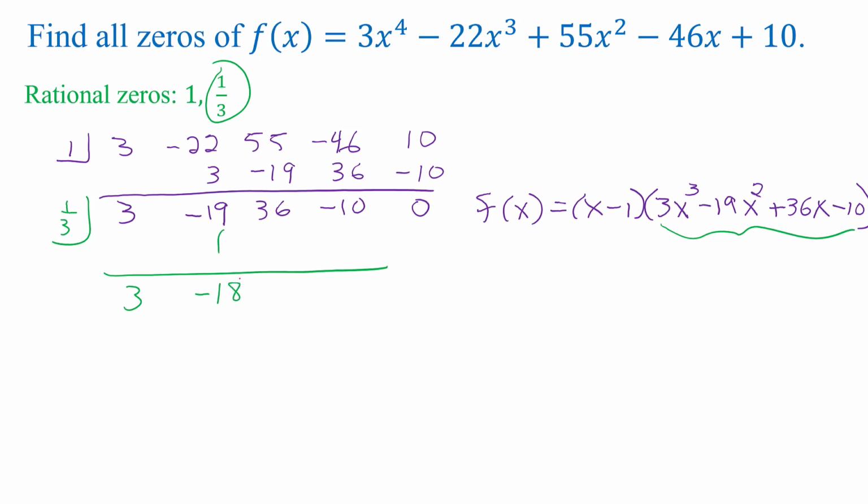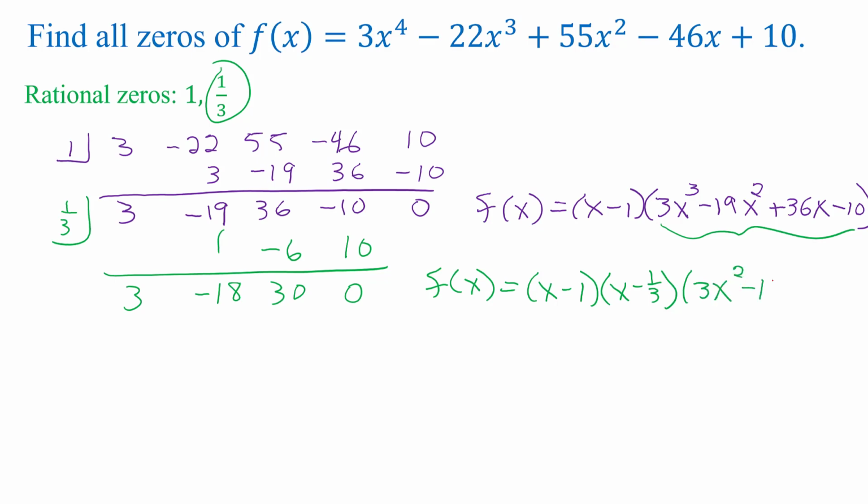We have negative 18. We have 30. And we get a remainder of 0. So we further have factored f of x into x minus 1 times x minus 1/3 times 3x squared minus 18x plus 30.